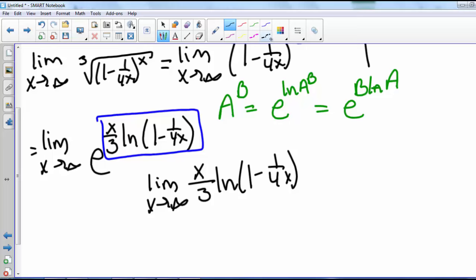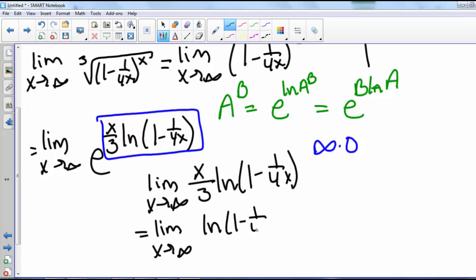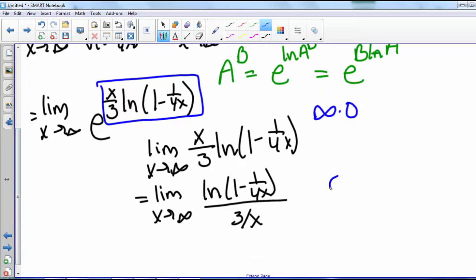And now we have an indeterminate form of infinity times 0. So we want to rewrite this as the limit as x goes to infinity of the natural log of 1 minus 1 over 4x divided by 3 over x. So now we have an indeterminate form of 0 over 0.